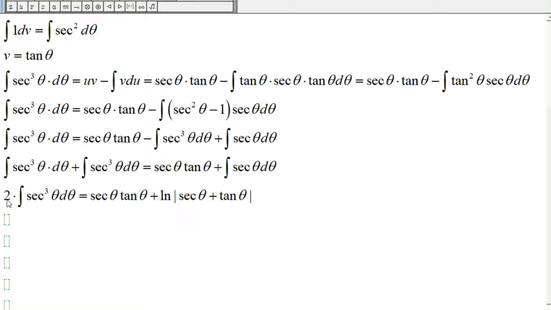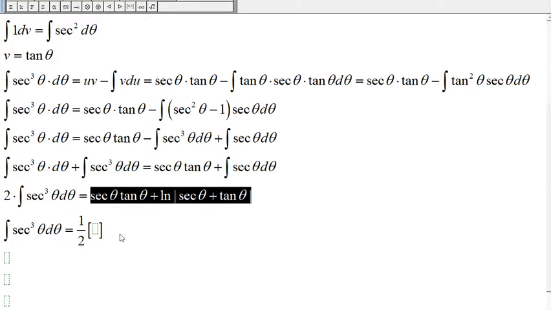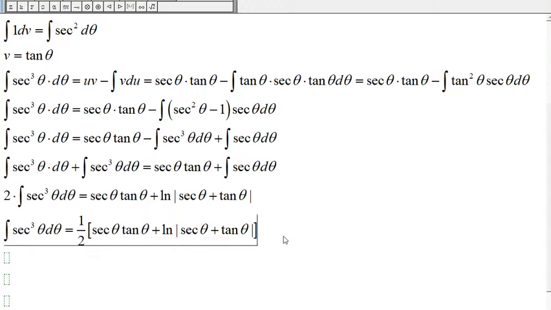So multiply the left side by 1/2, and then we get the integral of secant to the third theta d theta. And then multiply the entire right side by 1/2. And this is the solution, the answer for the integral of secant to the third.